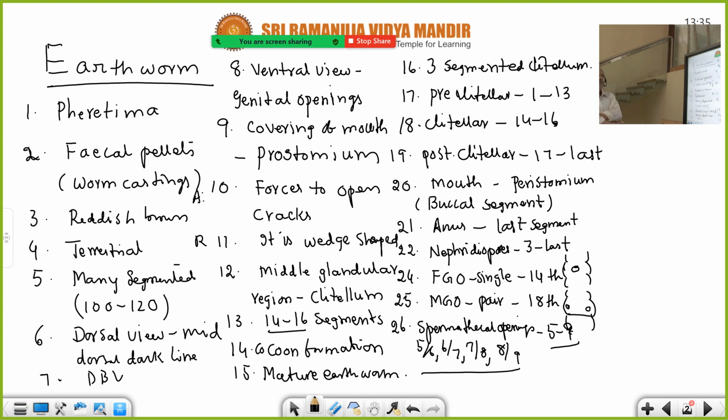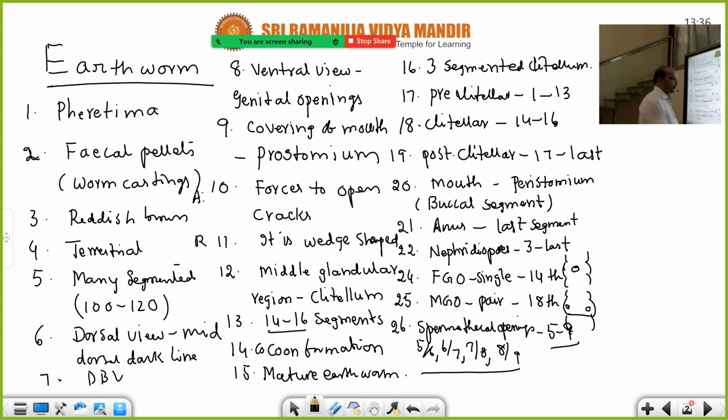So these are the important apertures. 6 apertures are there: mouth, anus, nephridiopores, female genital opening, male genital opening, spermathecal openings. Previously a 7th one was also added, dorsal pores, from 13 to last. Originally they are there, but not given in the book. Anyhow, let us stop that. So these are the external apertures.